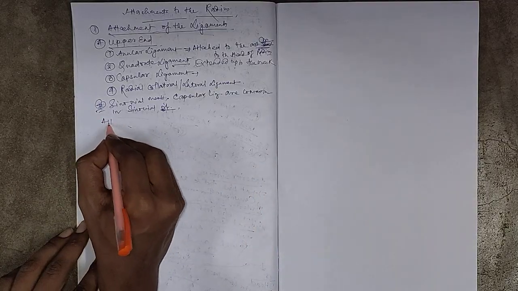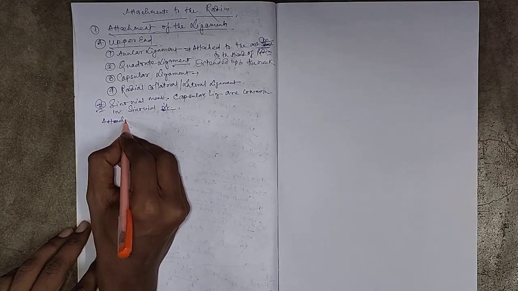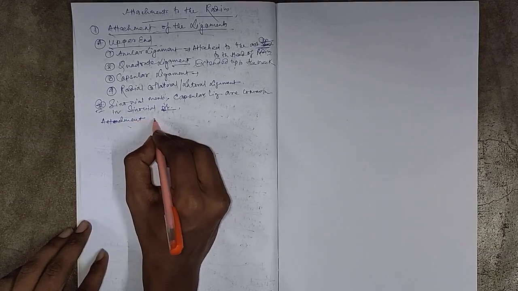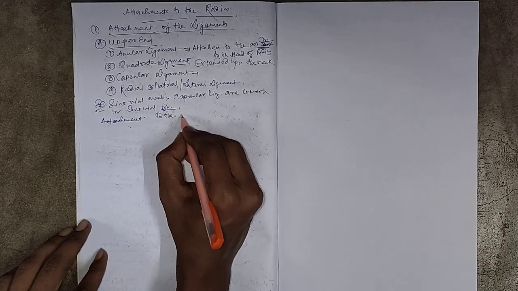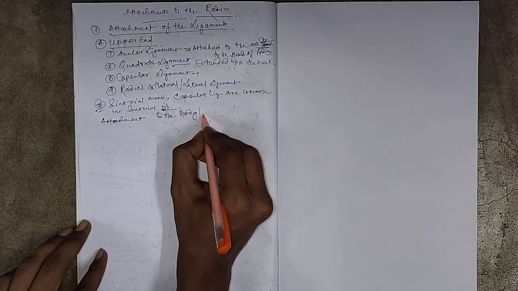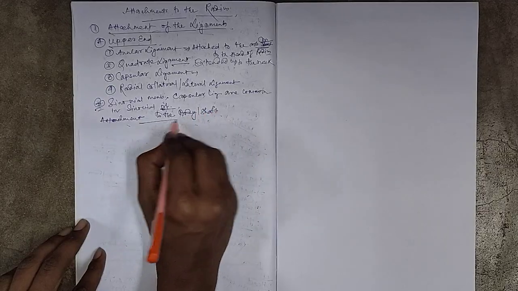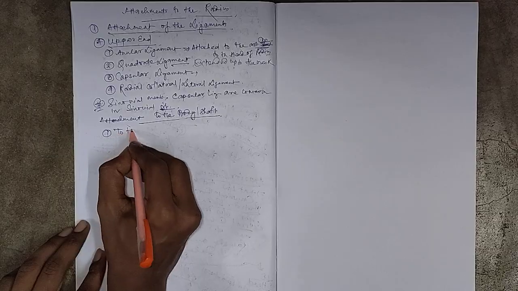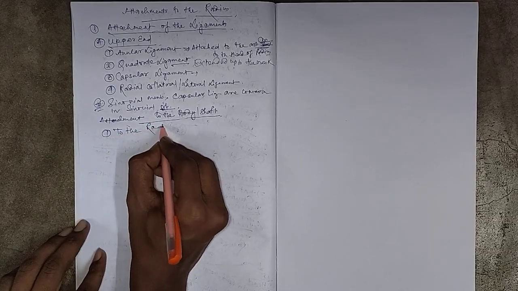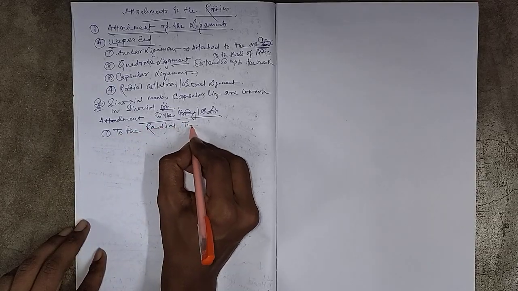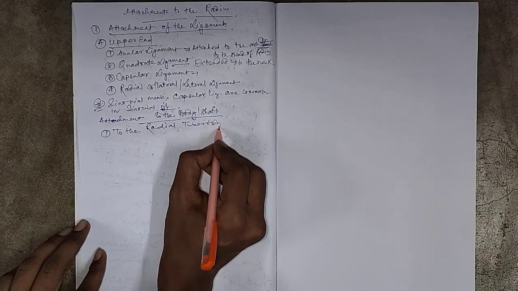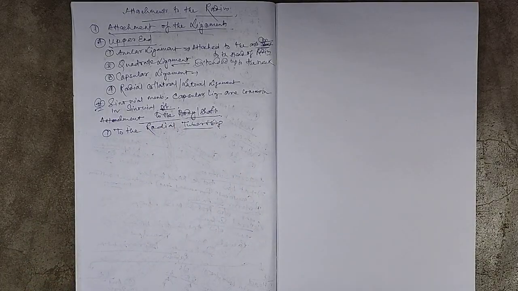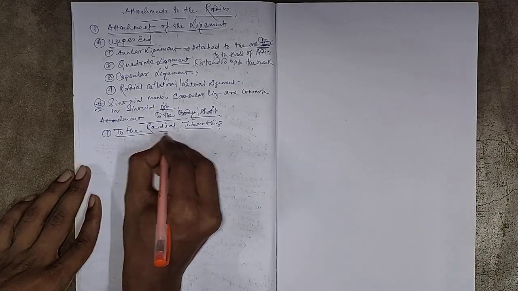Now the attachment to the body or shaft. Number one, the radial tuberosity. In the radial tuberosity there are two parts.